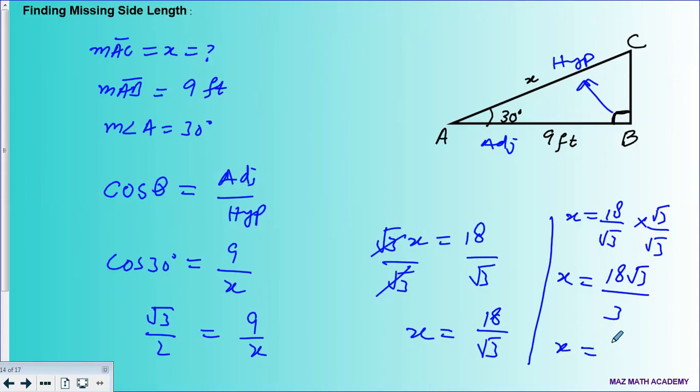So it equals 6 times square root 3 feet. This is the length of the missing side AC. This is how we use them to find the missing side. Now let's move to the next question.